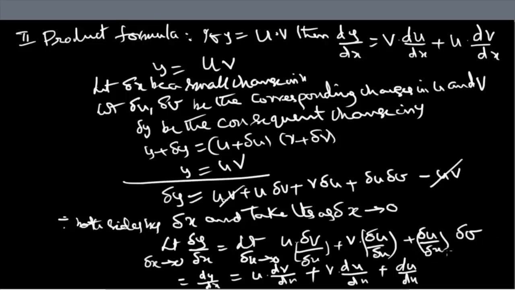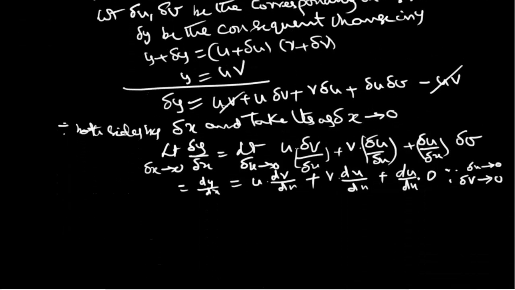If the change in x becomes 0, change in v becomes 0, so this is into 0. Here you must give the reasoning: since delta x tends to 0, delta v also tends to 0. So what do you get? dy by dx is equal to v du by dx plus u dv by dx. This is the formula that we get.